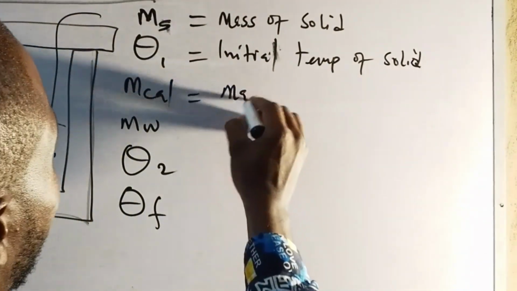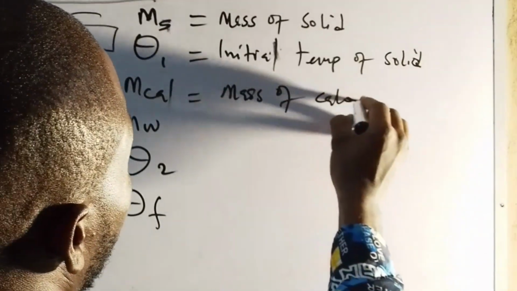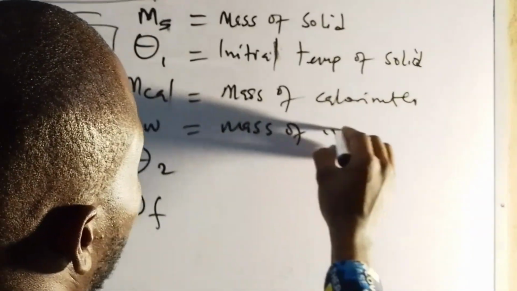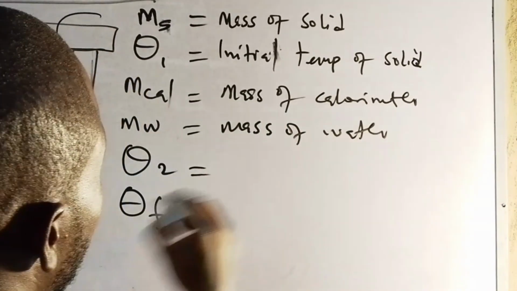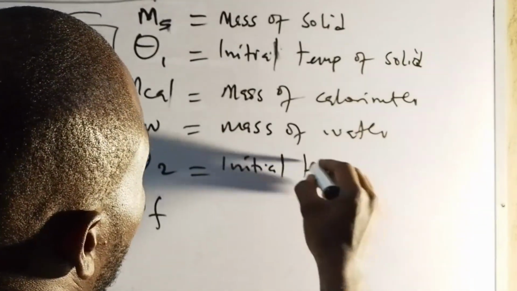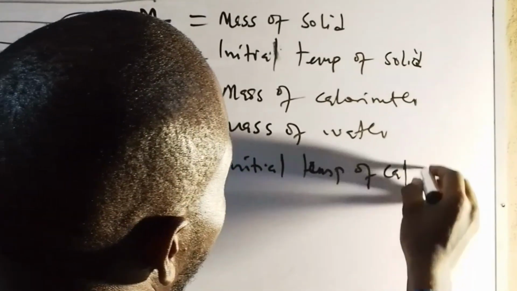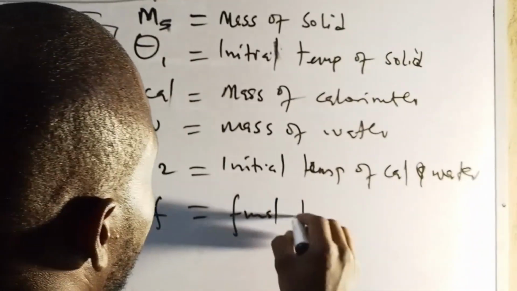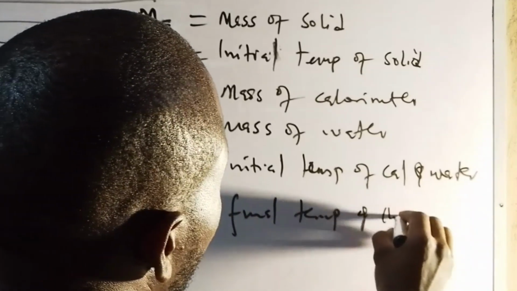This is the mass of the calorimeter. This is the mass of the water. Now this is the initial temperature of the calorimeter and water. This is the final temperature of the mixture.